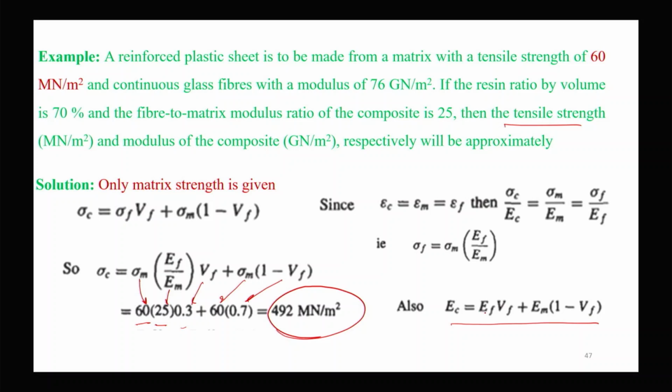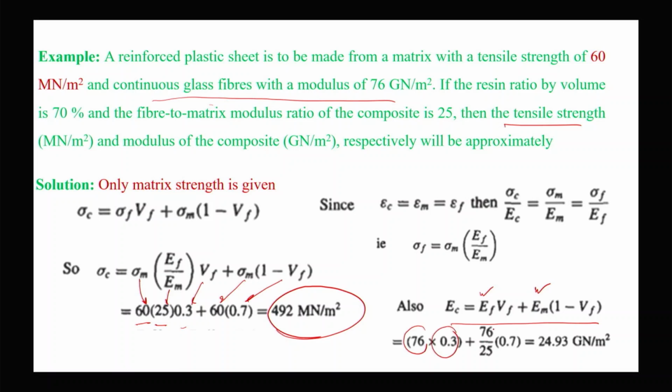Then for the modulus, we can simply use the rule of mixture. We know the modulus of fiber, the modulus of matrix, and the volume fractions. From there we can calculate. The glass fiber modulus is 76 multiplied by 0.3, and the modulus of matrix is 76 divided by 25, multiplied by the volume fraction of matrix.